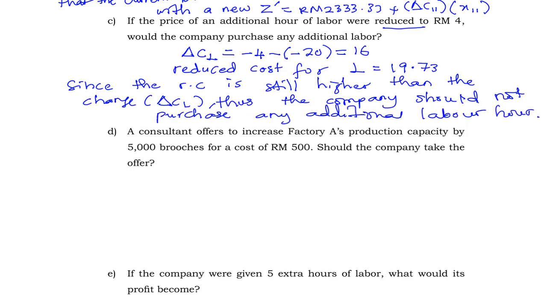Because this reduced cost for L equals 19.73, meaning that if we add 1 hour of labor, it will reduce the Z value by 19.73.